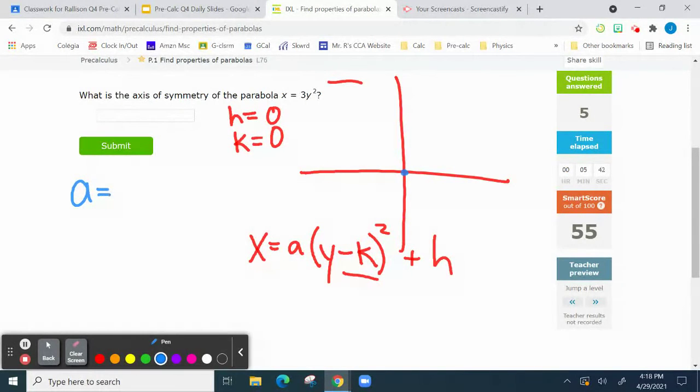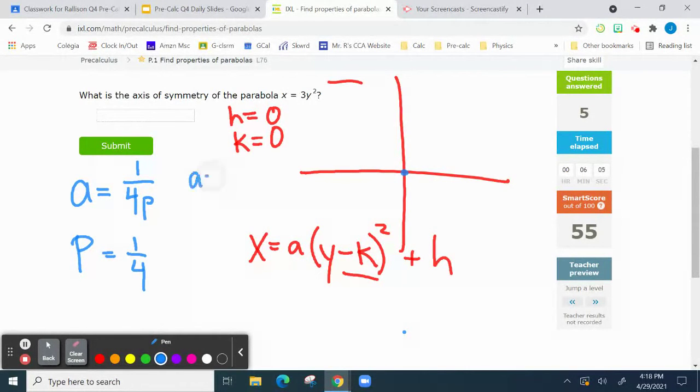Well, we don't actually need to do this, but we're going to do it anyways, just because I want to. So A equals 1 over 4P, or P equals 1 over 4A too. You don't believe me?